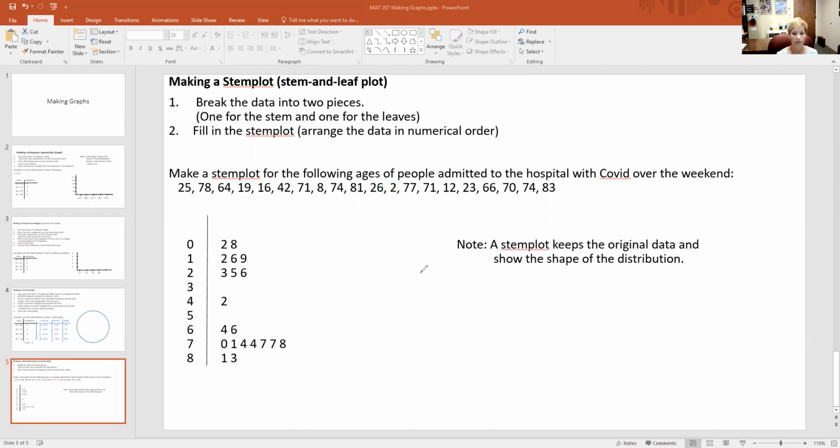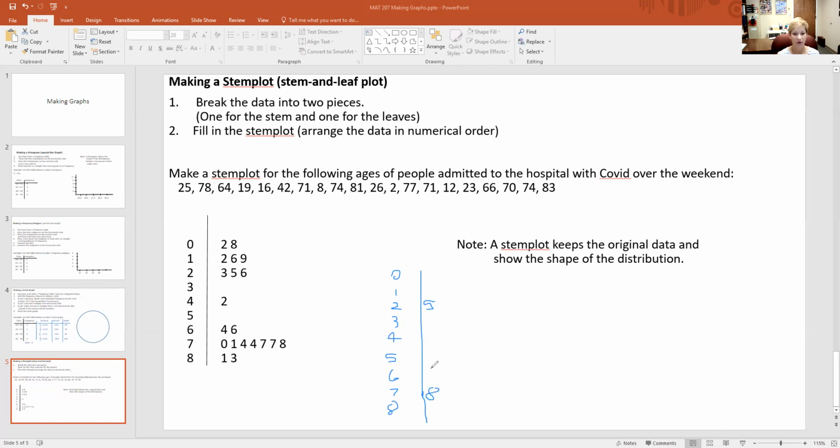So I do 0, 1, 2. My biggest one's in the 70s, 78, so I had to go all the way to 8. I went up here and did 25, so 2 and a 5. And they don't put commas between them, so that's weird. 78. So I went down to the 70s and put an 8.